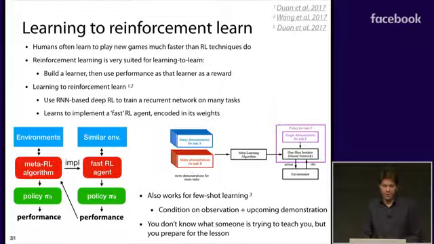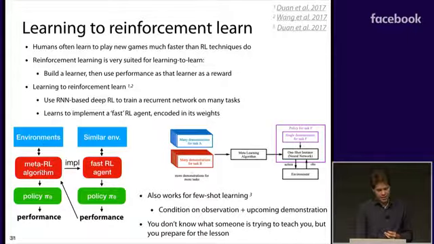And the main goal here is to solve reinforcement learning problems much faster than before, because humans are typically very good at playing new games faster than reinforcement learning algorithms are. So the idea is that you build a meta reinforcement learning algorithm, typically a deep RNN, and you train it on a large number of environments.